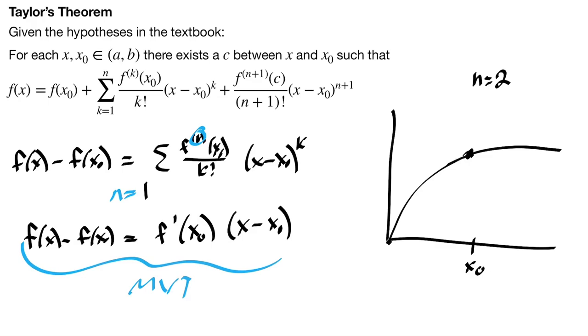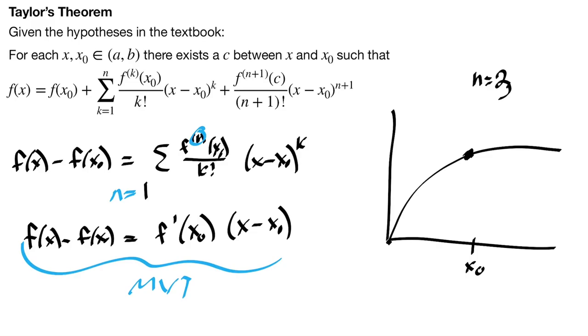If instead I do n equals 2, then instead of estimating this thing with a line, I'm estimating it with a parabola. And so I make an estimating parabola that does a little bit better job. And then what if I do n equals 3? Then I have my estimating cubic, right?